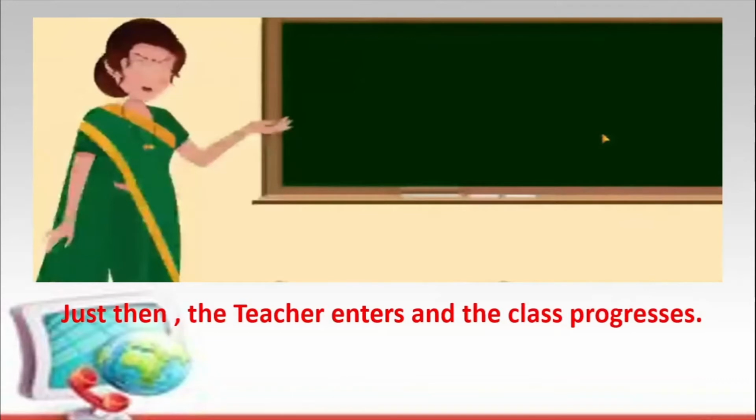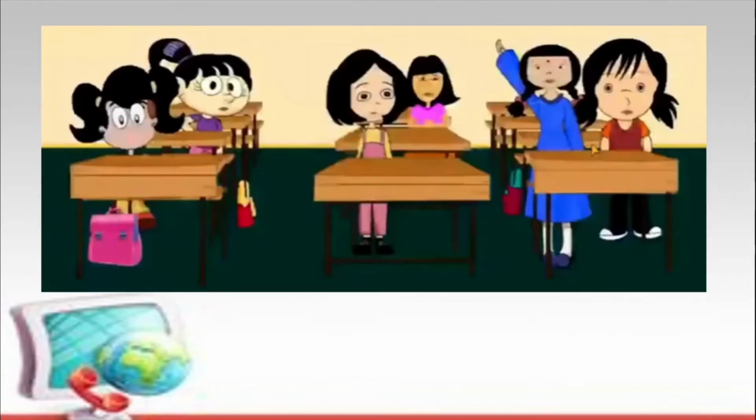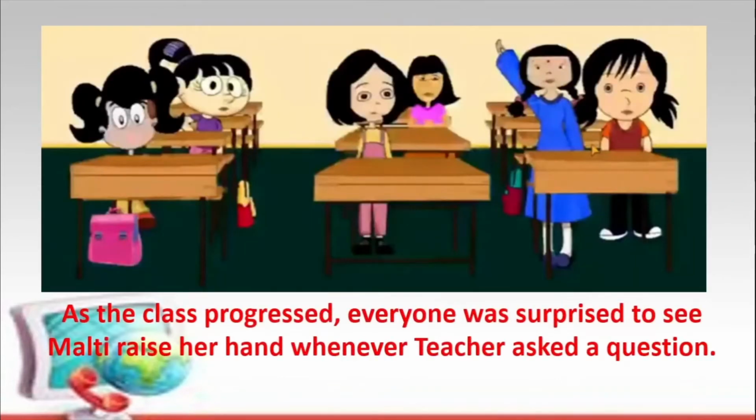The teacher starts taking attendance, then the teacher declares that we are going to learn a new lesson today, and the teacher starts teaching the lesson. Now children, as time passes, as the class progresses, everyone is surprised to see that Malti always raises her hand when the teacher asks a question.